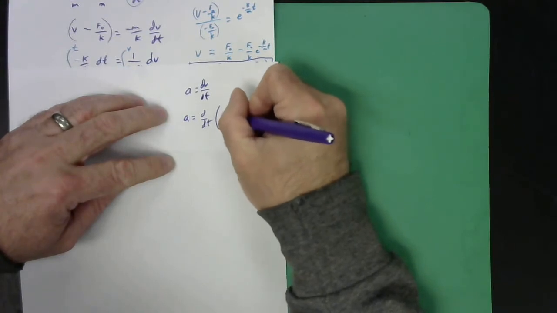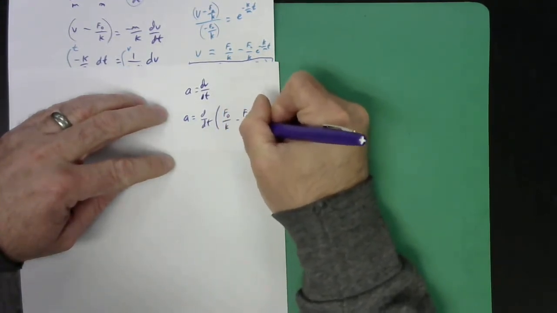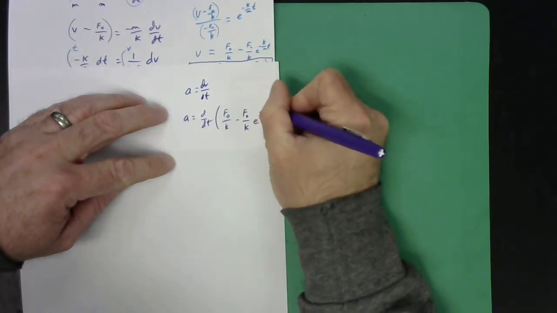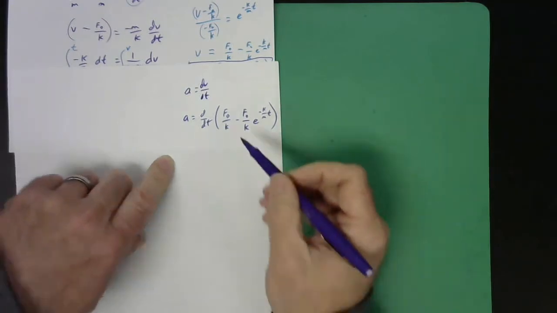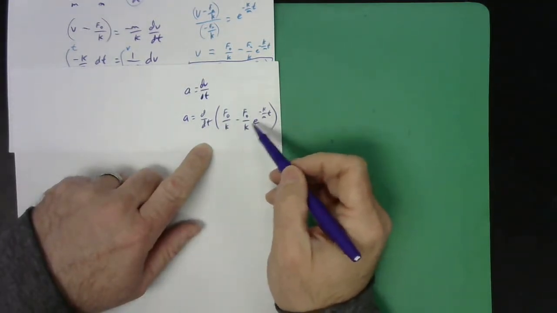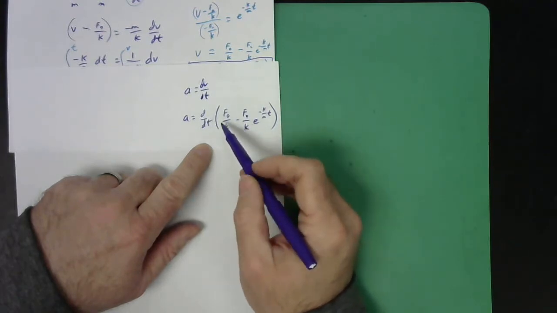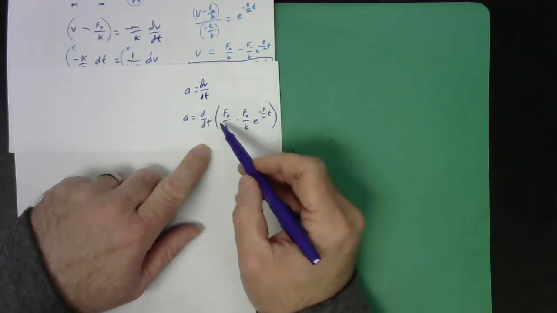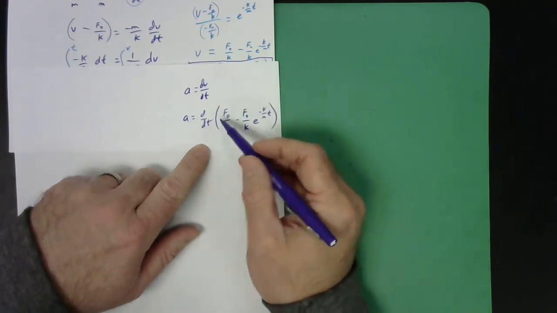F naught over K minus F naught over K e to the minus K over m t. Now look, these are terms in addition, and we take the derivative. The sum rule says the derivative of the sum is the sum of the derivatives. What's the derivative of a constant term? F naught and K are constants. That's just going to be 0. It's just going to drop.